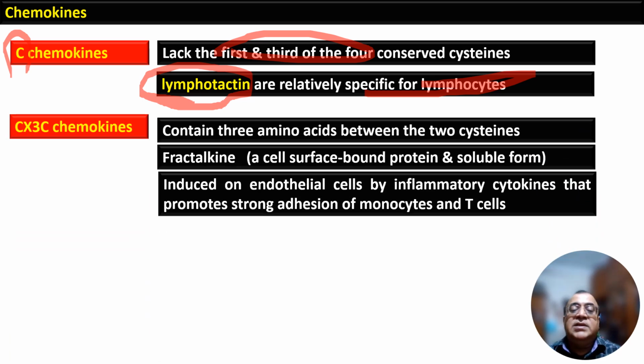CX3C chemokines contain three amino acids between the first two cysteines, and the important member is fractalkine, and this is a cell surface bound protein that is present in soluble form and induced on endothelial cells by inflammatory cytokines that promote a strong adhesion of monocytes and T cells.